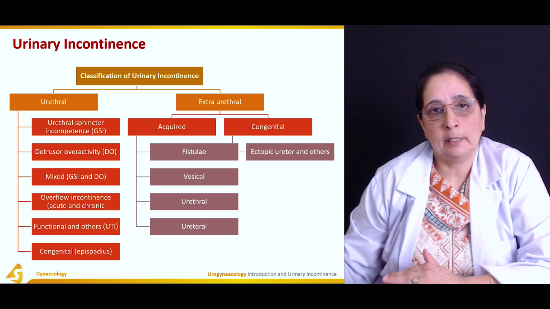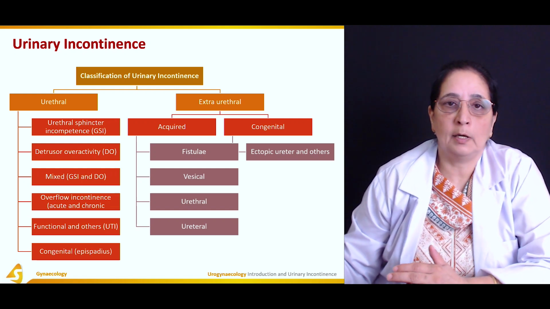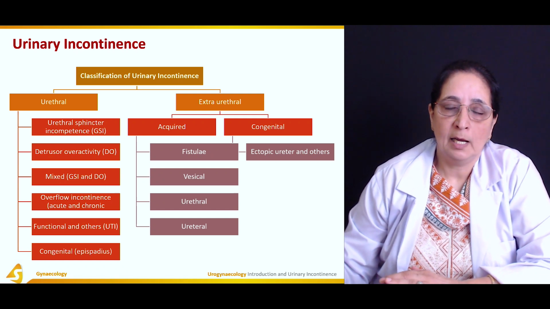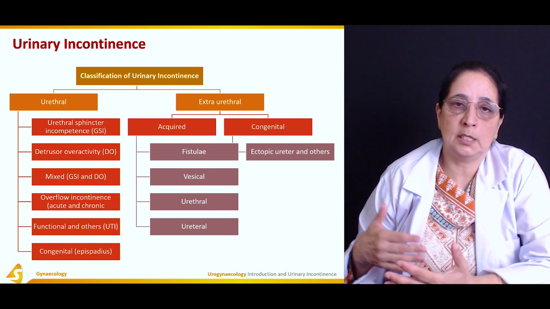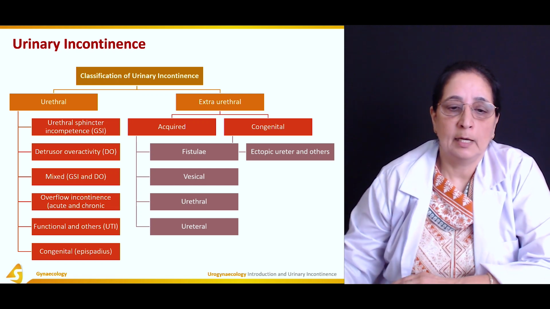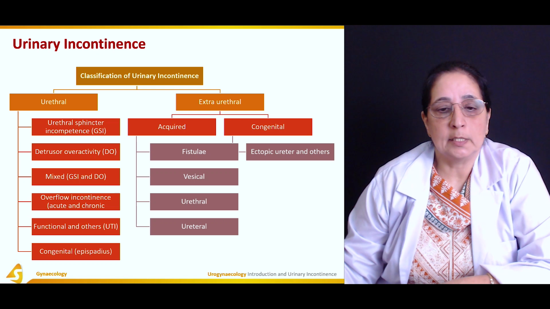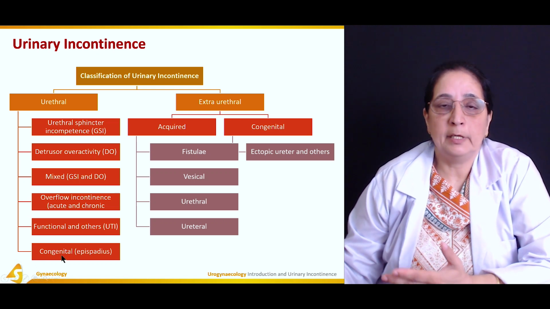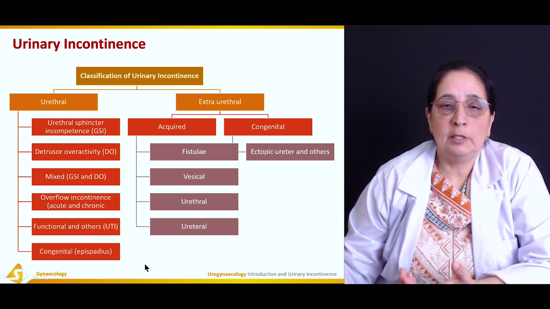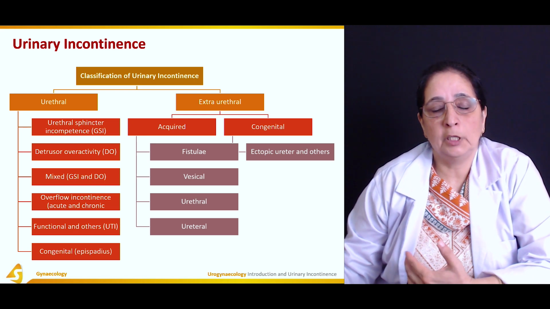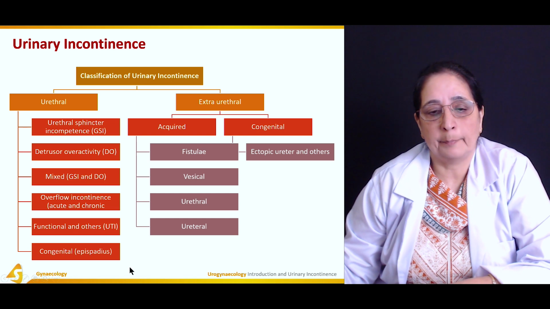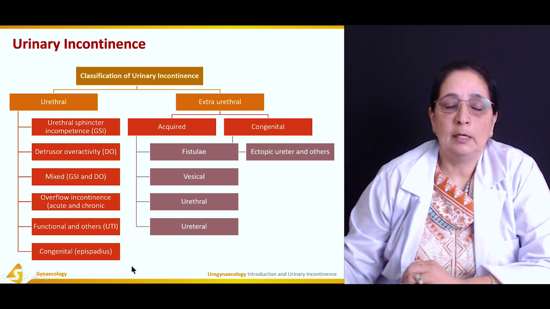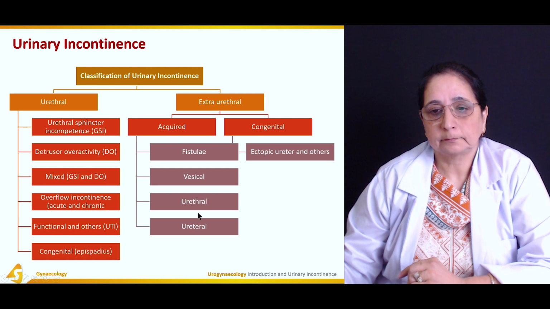So if the signals are not coming properly, or if there is injury at the spinal cord level from T10 to S5, it leads to an incontinence problem. And then we have the congenital type, in which there is a problem with the urethral openings, and epispadias, that also leads to incontinence.